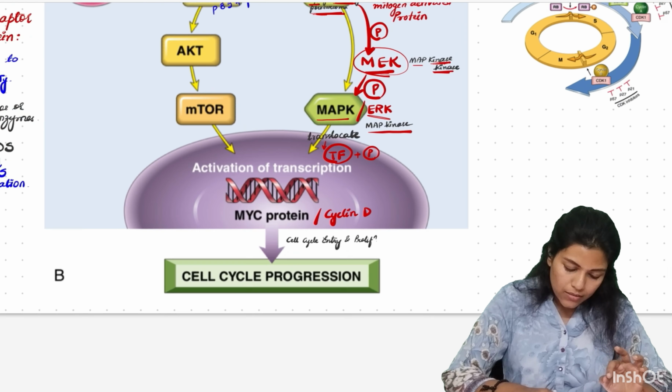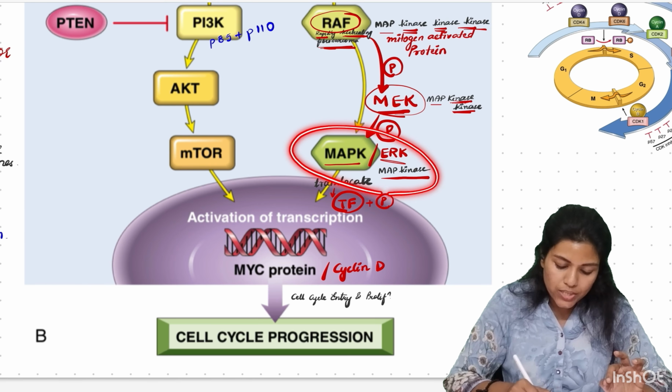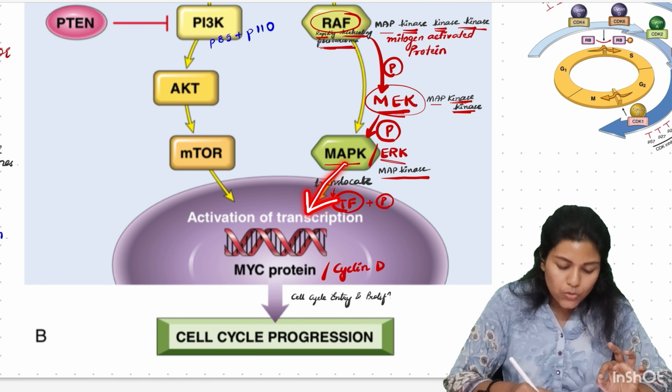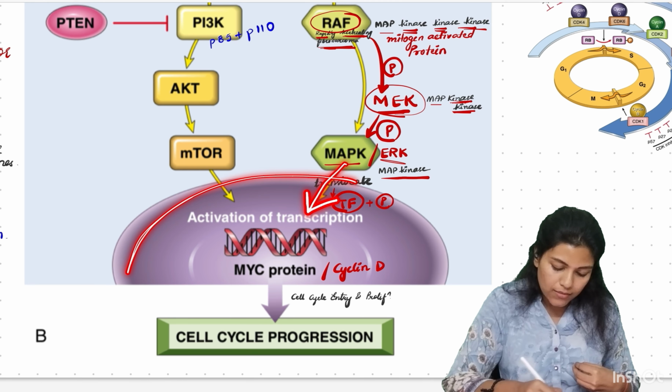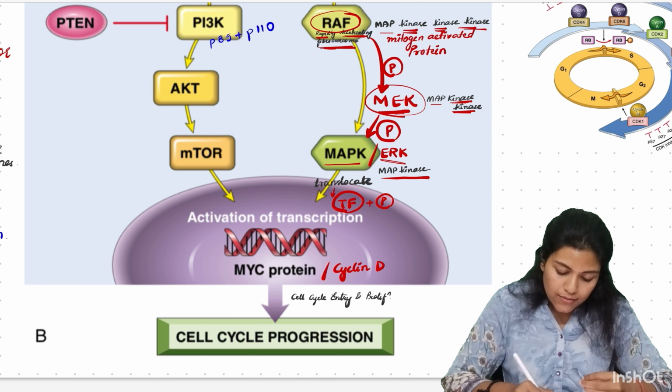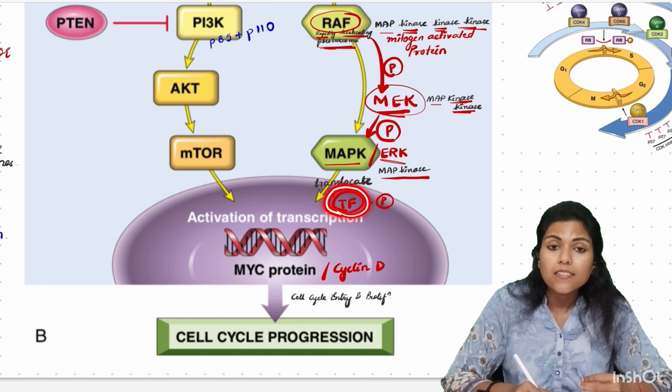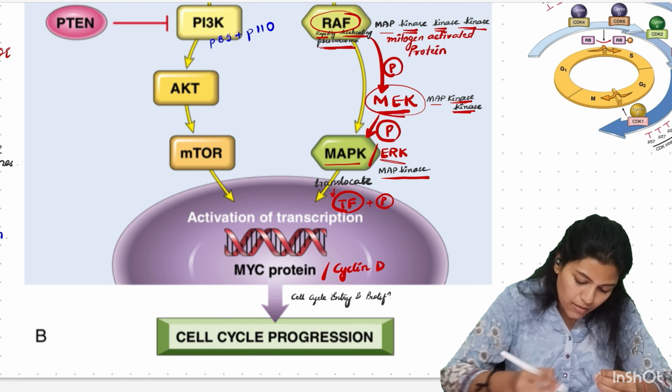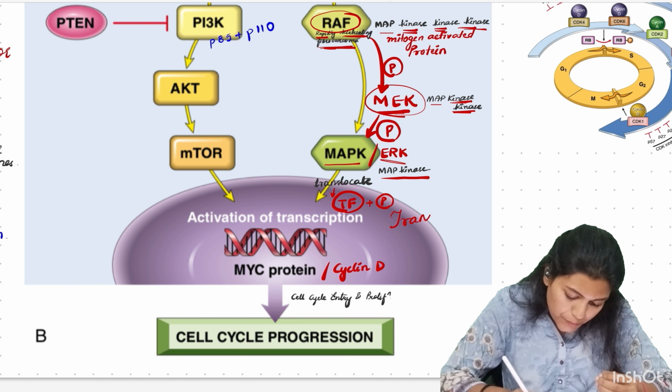Now finally, the single kinase, that is mitogen activated protein kinase, will get translocated to the nucleus. This is the nucleus. It will enter the nucleus. Inside the nucleus, there are certain transcription factors.